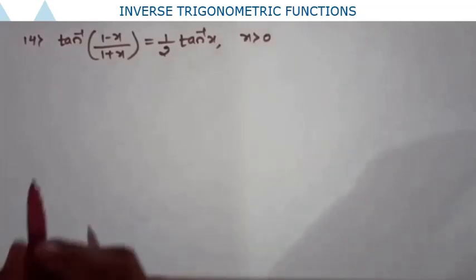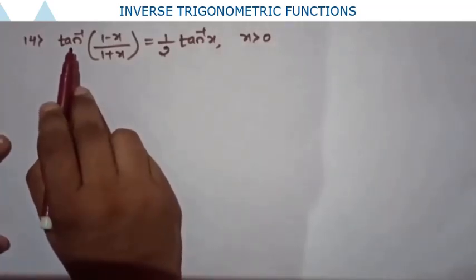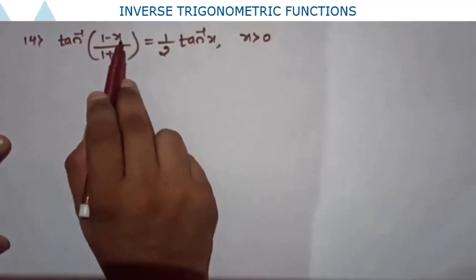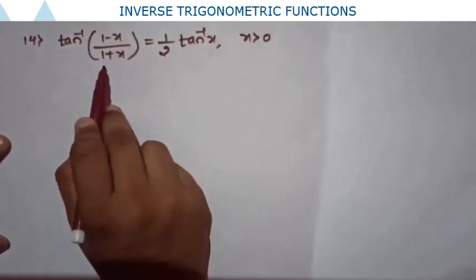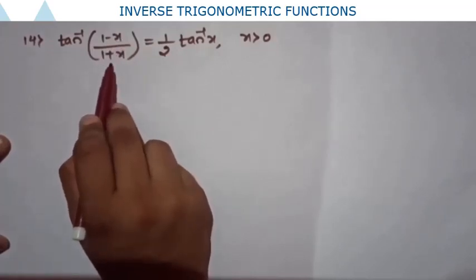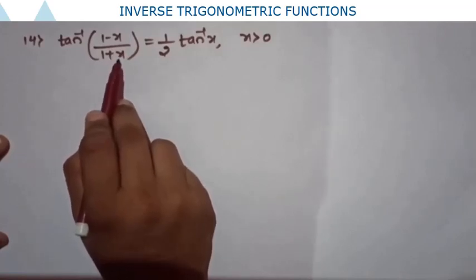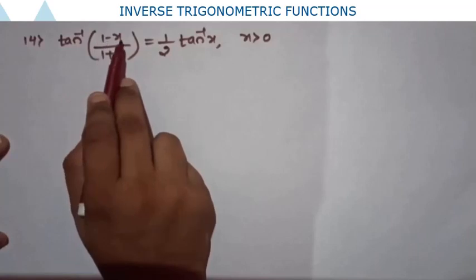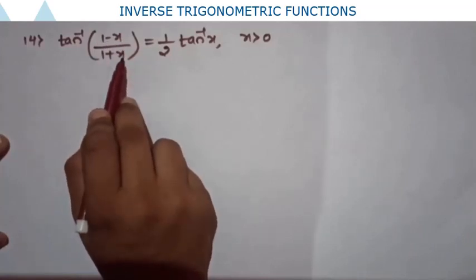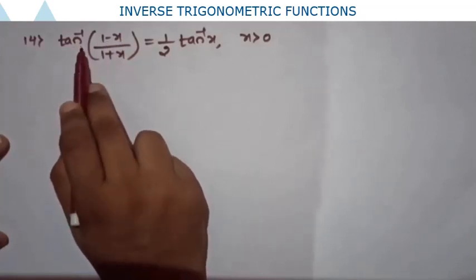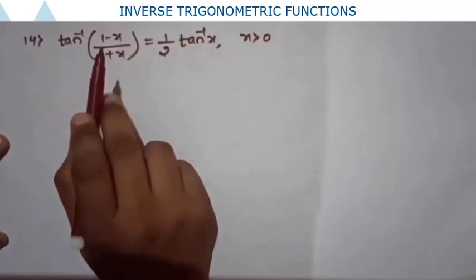Okay, so now here, is it of the form tan inverse of x minus y by 1 plus xy? It is the RHS part of property number 6. Sorry, it's property number 6. Therefore, tan inverse of x minus y by 1 plus xy is again written as tan inverse x minus tan inverse y.